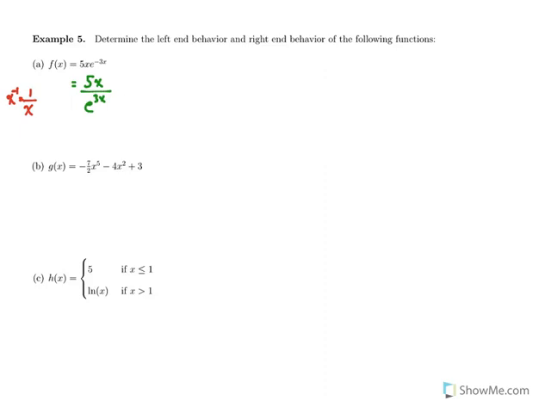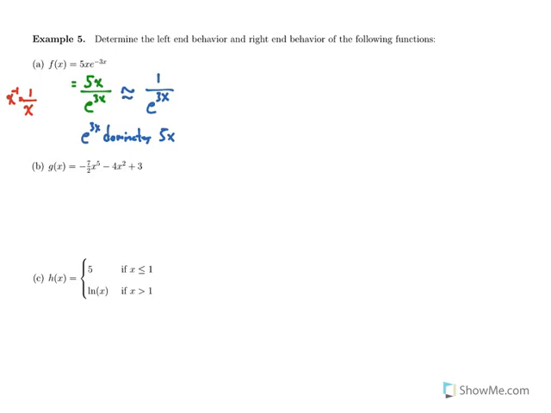So here, e to the 3x dominates 5x. So as x gets really big or really, really small in the negative direction, the 5x is not going to make a difference. The e to the 3x is going to dominate.